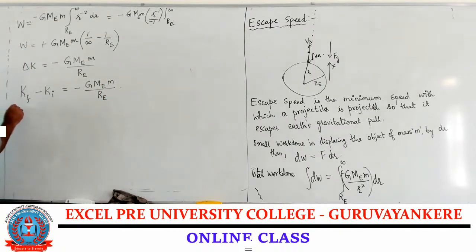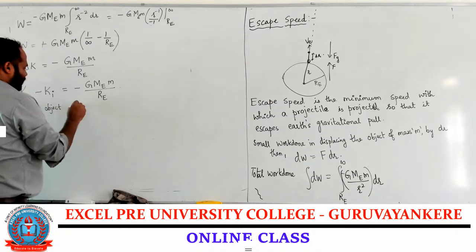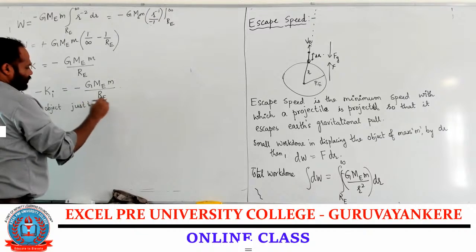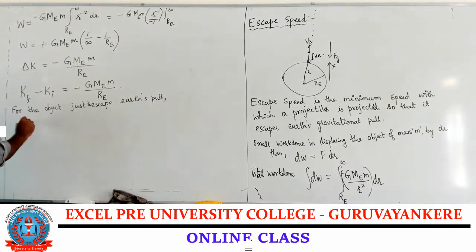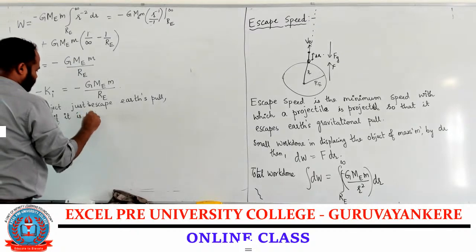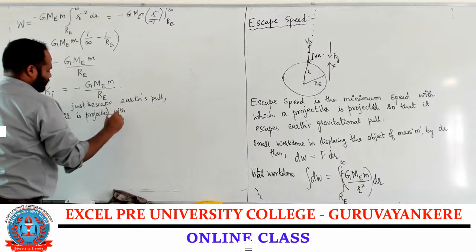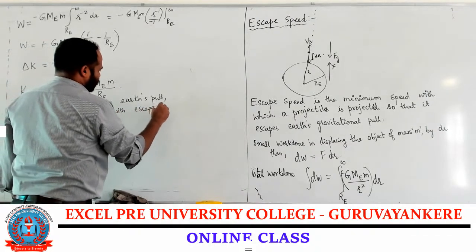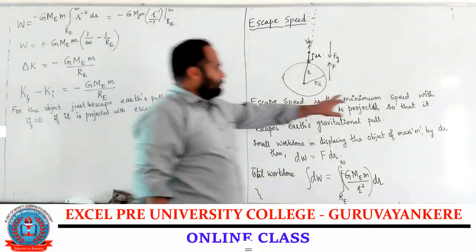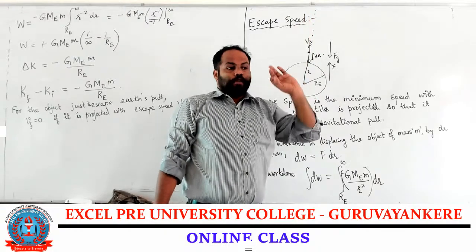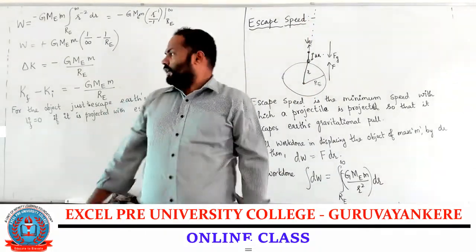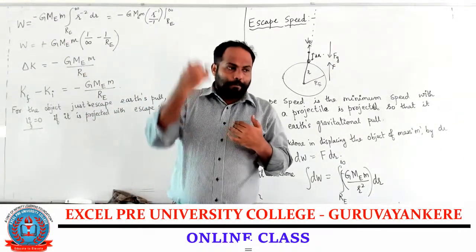So for the object just to escape Earth's pull, final velocity should be zero if it is projected with escape speed Ve, because by the definition of escape speed, as you go into space at an infinite distance, its velocity will be zero, so that it won't come back to Earth's surface.